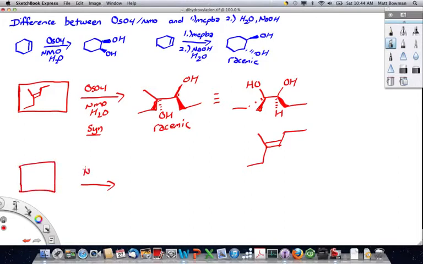If we were to backtrack using mCPBA and sodium hydroxide and water, and say we were given, no, let's make this a wedge.